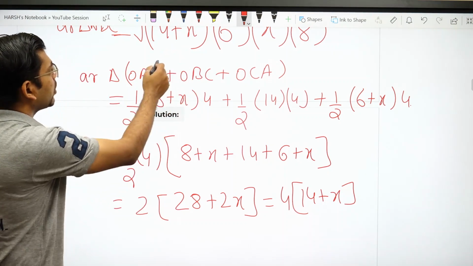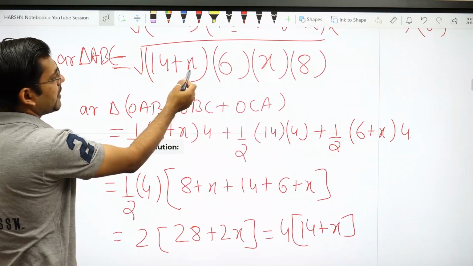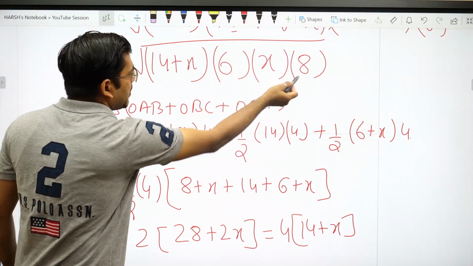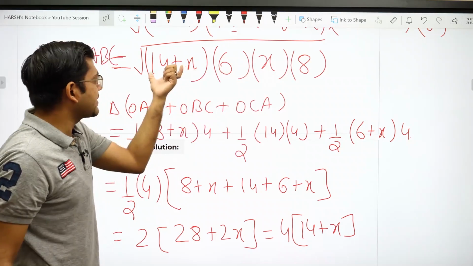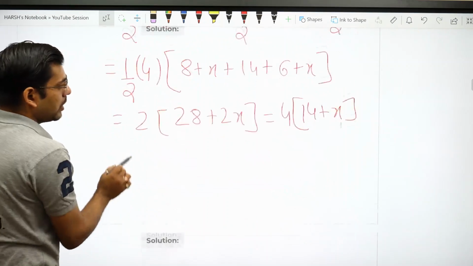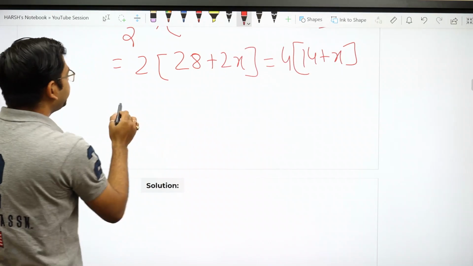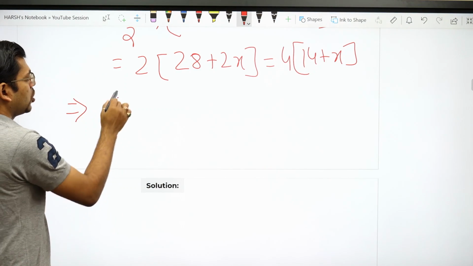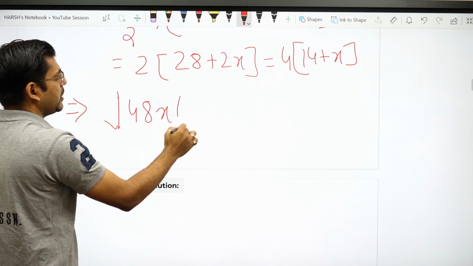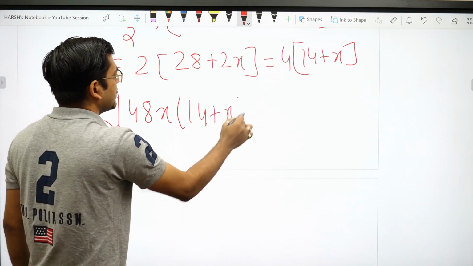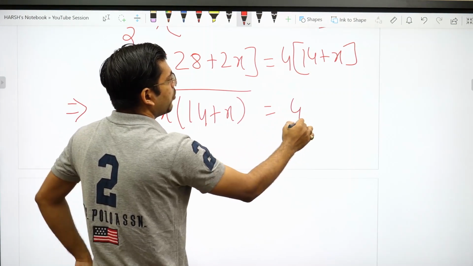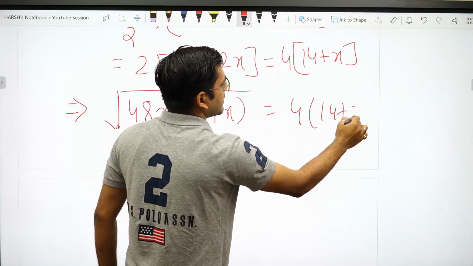Now once we have got this, I'll make it equal to the first value which I had got. Just to make both of them equal, this is 14 plus x times 6, so it will be 8 times 6 is 48, 48x into 14 plus x. So I'm writing here, this implies root under 48x into 14 plus x is equal to 4 into 14 plus x.